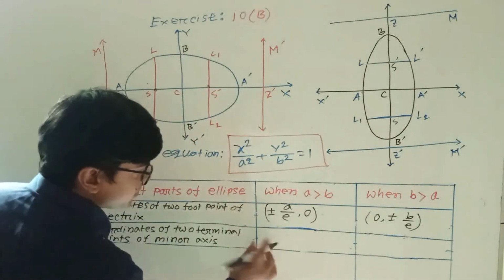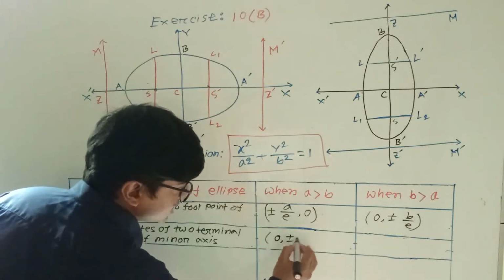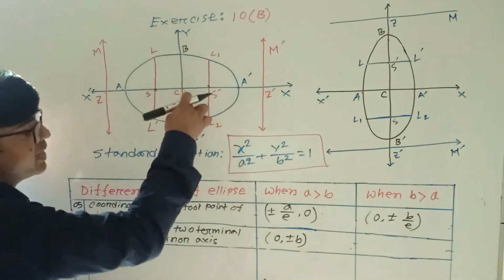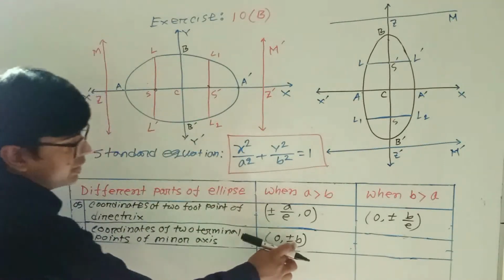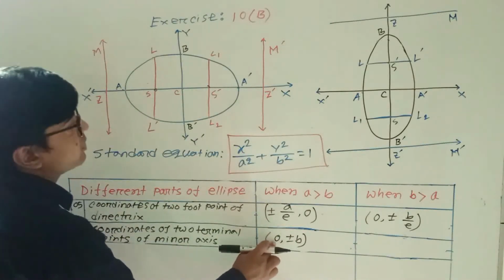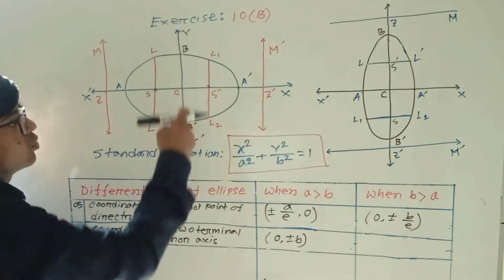Here we can write 0 comma plus minus B, because minor axis is B. The abscissa is 0 because this minor axis is on the y axis.